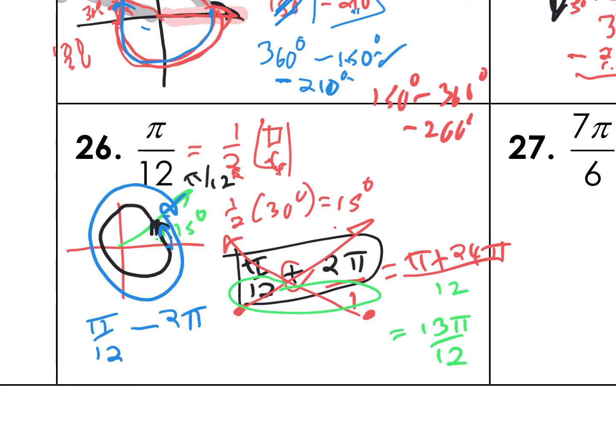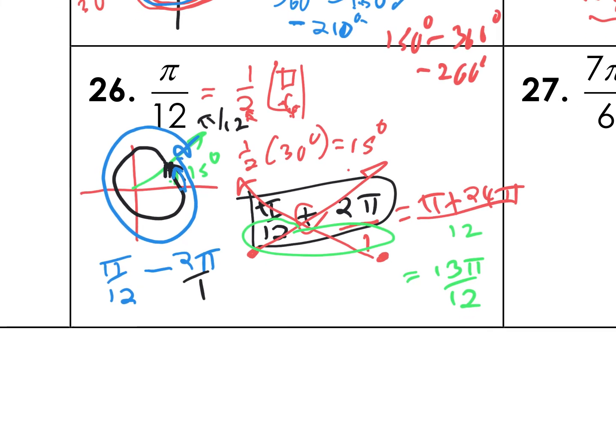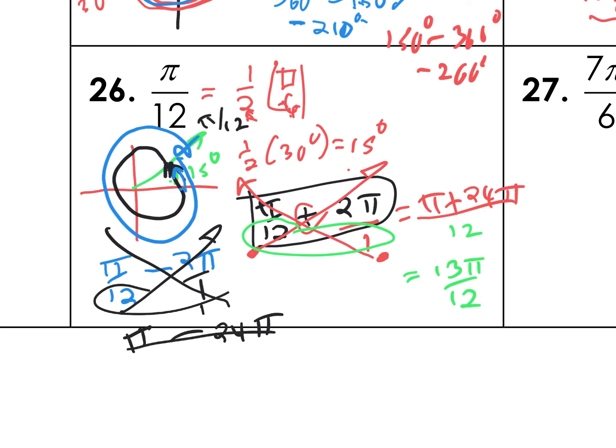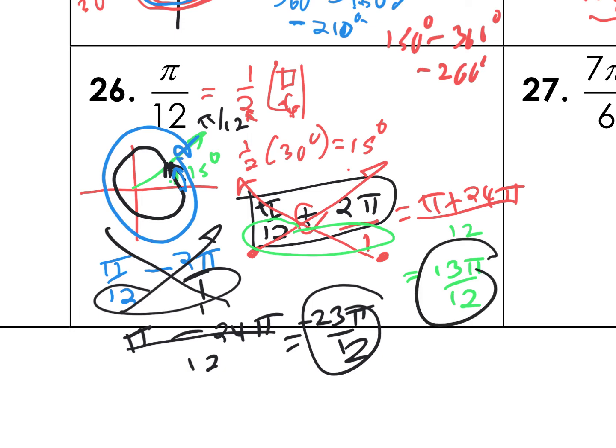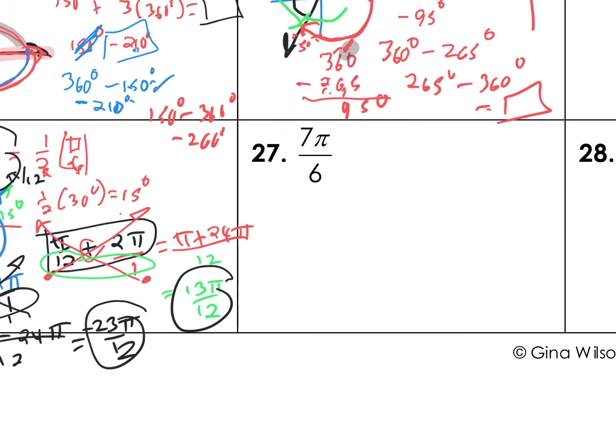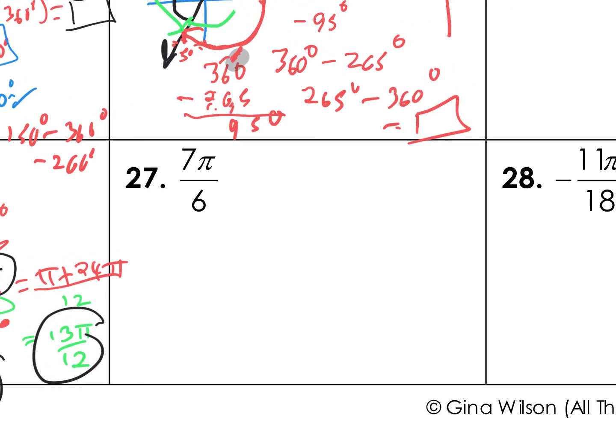And I'm going to do the same mathematics. That gives me 1 times pi minus 24 pi all over 12. That's a negative 23 pi over 12. Notice it's negative. Notice it's positive. Coterminal with pi over 12. Are there other answers? There's always other answers, but I'm trying to keep it simple.